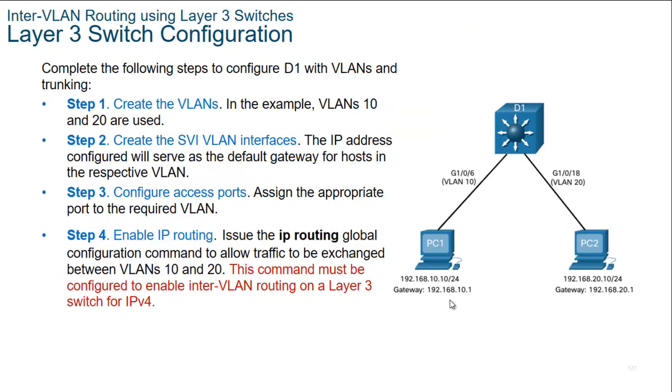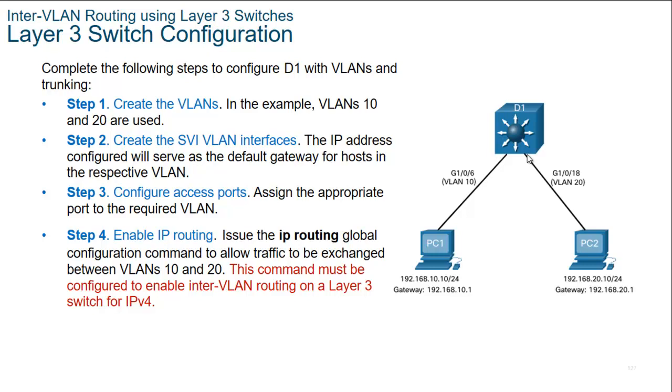These are the steps that you must follow to configure D1 with VLANs and trunking. One is to create VLANs. In this case, there are two VLANs. We have to create VLAN 10 and VLAN 20. The second step is to create the SVI VLAN interfaces. The IP address configured will serve as the default gateway for hosts in the respective VLANs. Step 3 is to configure access ports.